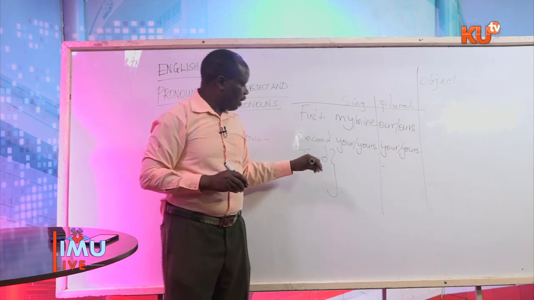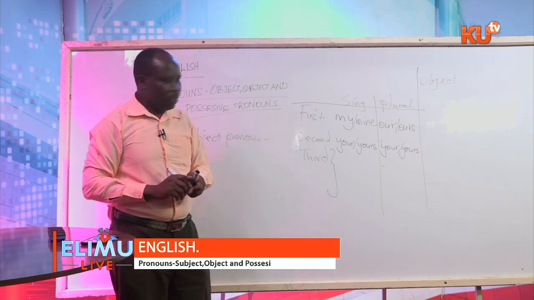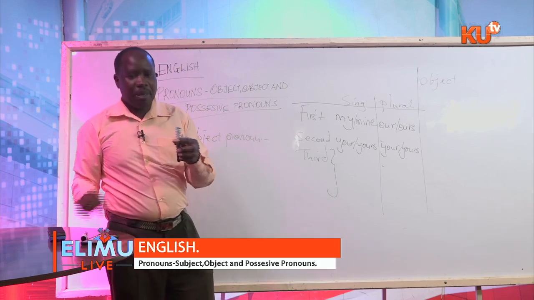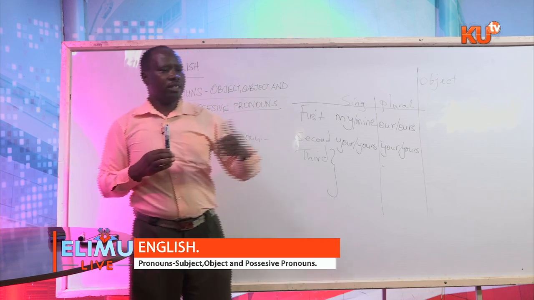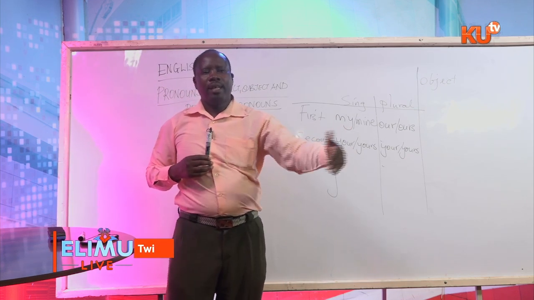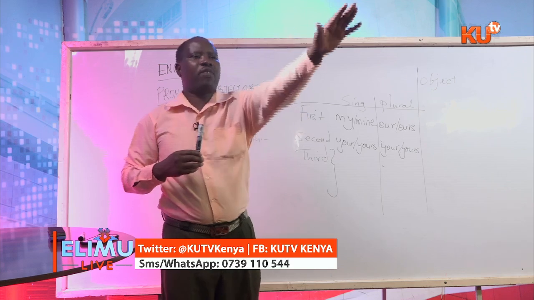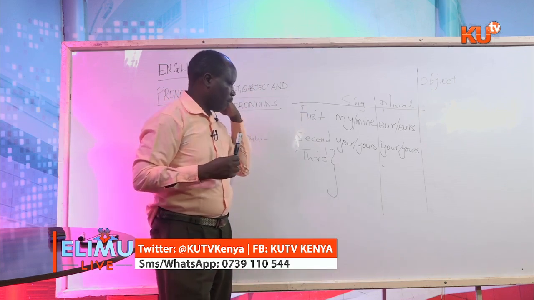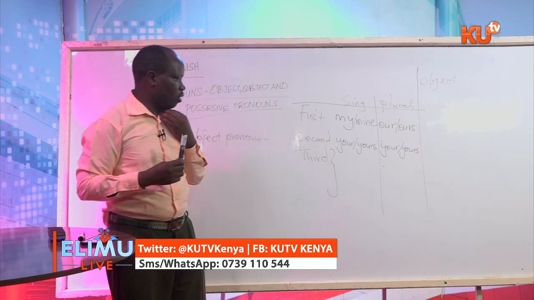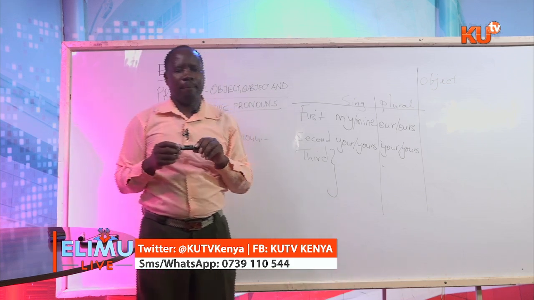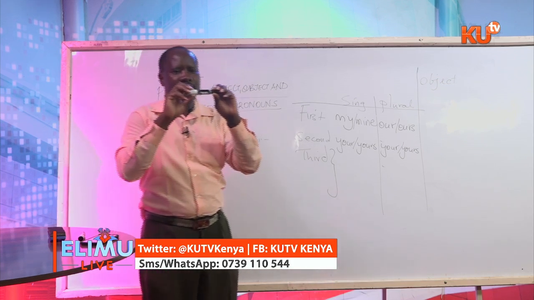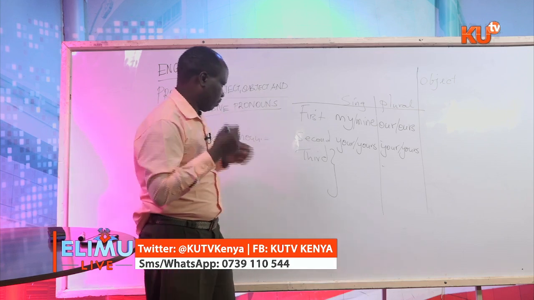Then you come to third person, singular. I want to show that this felt pen belongs to somebody who is not close to me. It is not me. It's not this person close to me, the second person. It is the third person who is very far, maybe at home or elsewhere. So I will give an example of my brother.